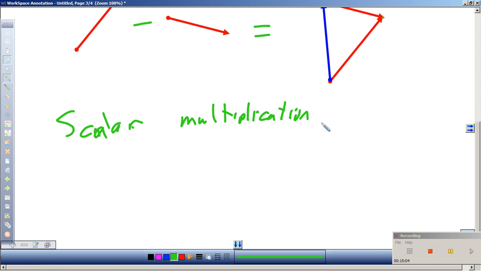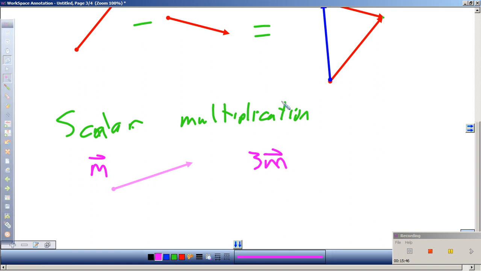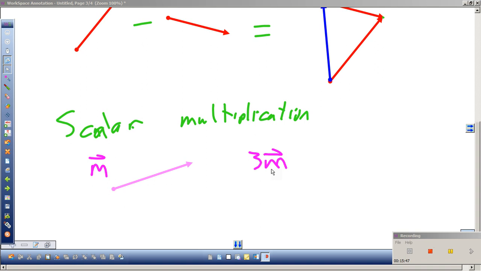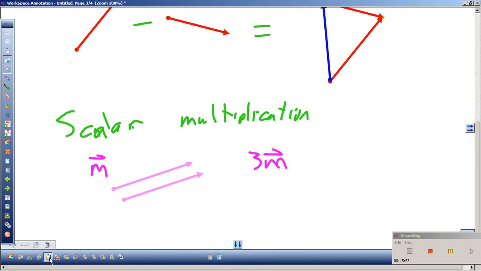Say we're multiplying a vector by 3. So, for example, let's say vector m is this vector right here. If I wanted to have 3 times vector m, I'm going to copy this. 1, 2.